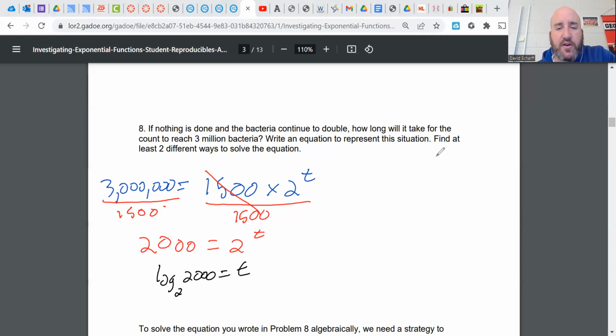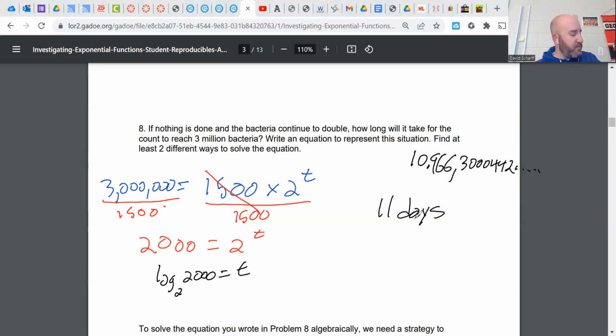And then if you follow the curve, you would see it finally cross 3 million at about 10.966 days, with a bacteria count of around 3,440,000-something. So you can basically round up to 11 days.